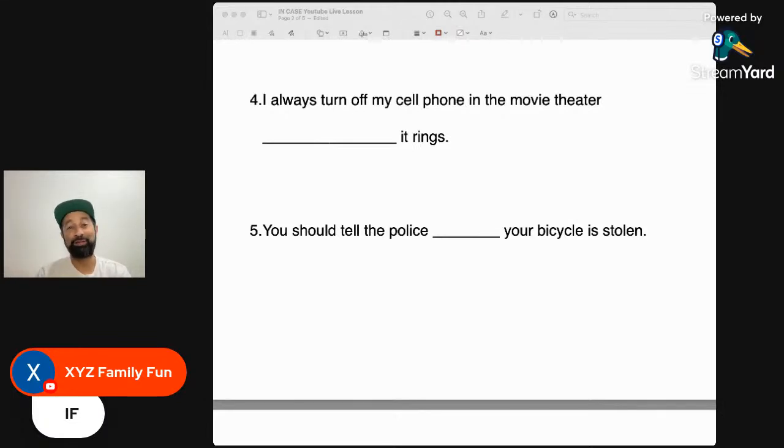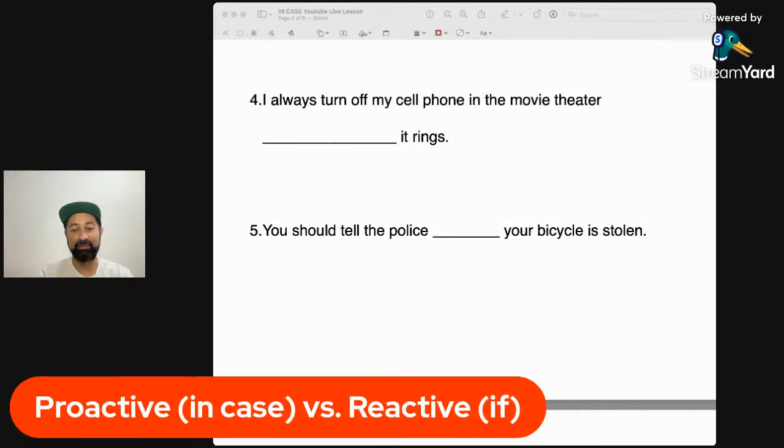You can't prepare for that. You can't think, oh, my bicycle might be stolen today, I should tell the police first. No, that's not how life works. Unfortunately, the bike must become stolen first. Then we react and we tell the police. So if is the correct answer.